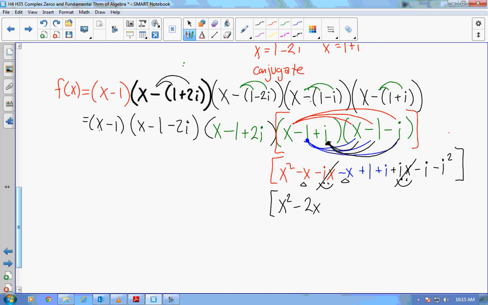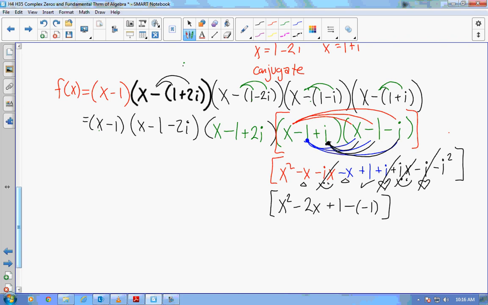Okay, I'm just going down the line in order so I make sure I don't miss anything. Positive 1, any other integers? Not yet. Positive i, any other i's? Negative i. Cancel, cancel. And negative i squared will be a negative, what's i squared? -1. A negative, -1.